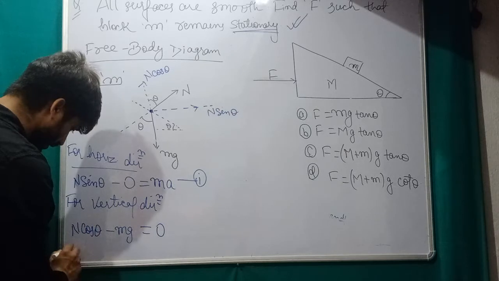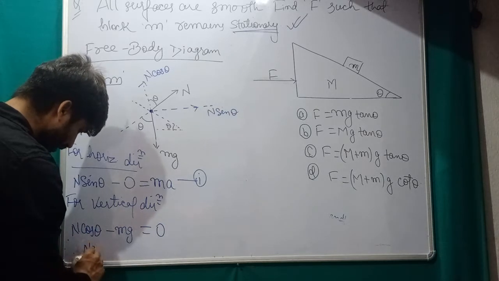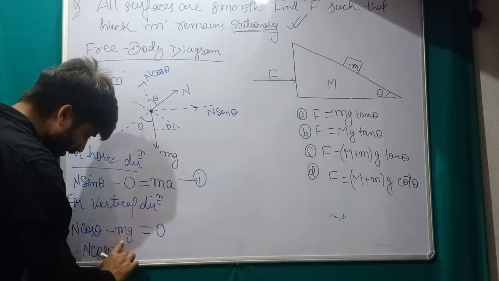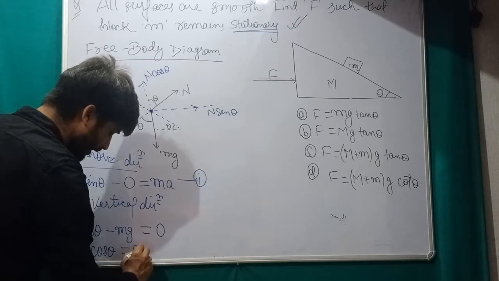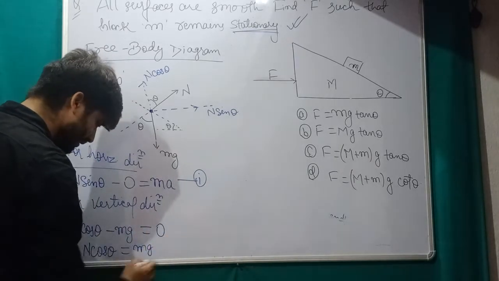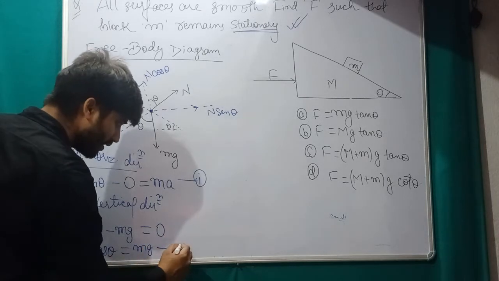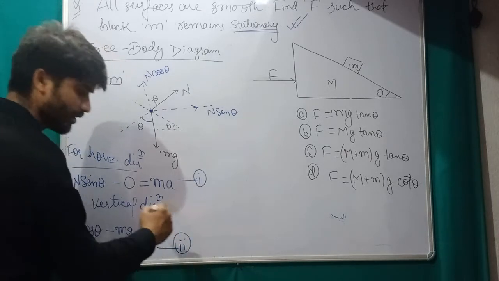Therefore N cos theta equals mg, as the minus sign becomes positive after moving across.